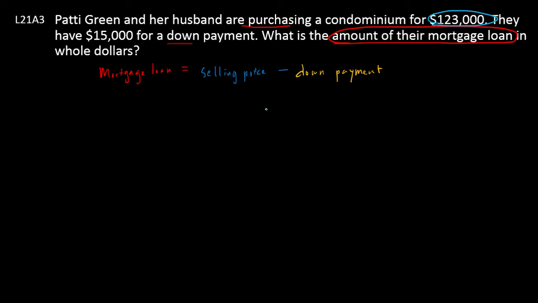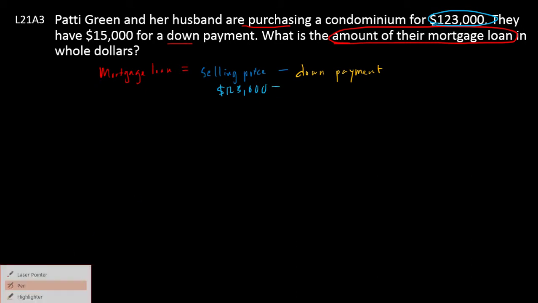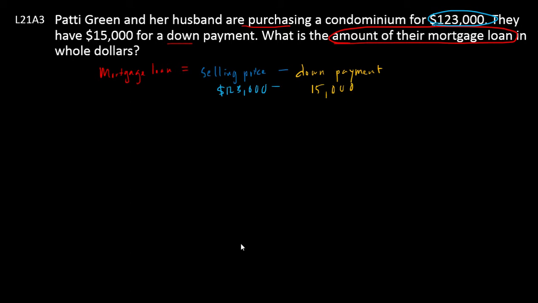The selling price, or the purchase price, is $123,000, and the down payment is $15,000. So we take $123,000, we subtract $15,000, and we get that the mortgage loan is going to be $108,000.